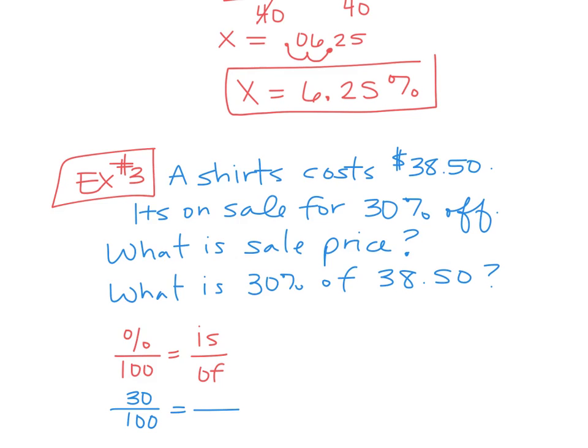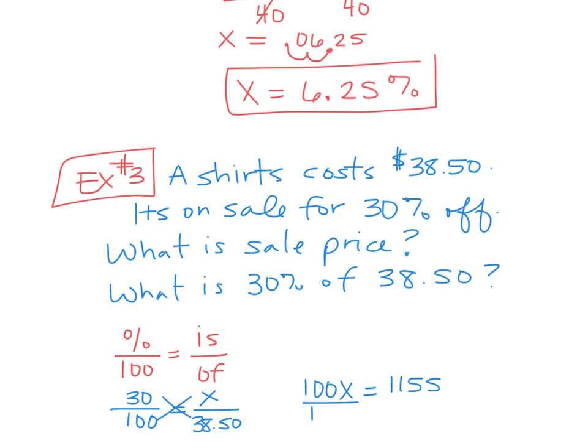The variable, okay, right? They're saying what is. We don't know what our "is" is. So that's going to be your variable. And then of what? 38.50. Okay, so we cross multiply that and we get 100x equals 38.50 times 30, which is 1155.